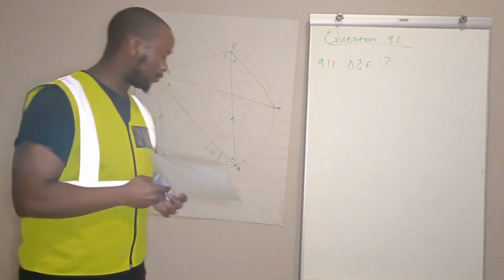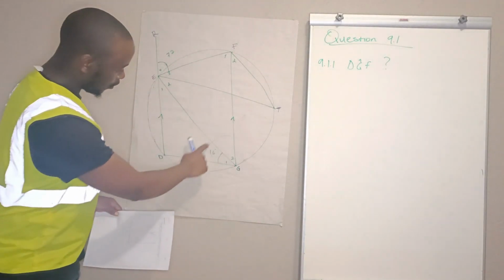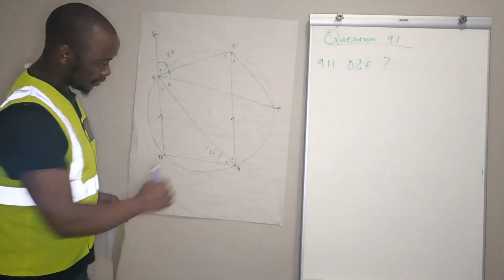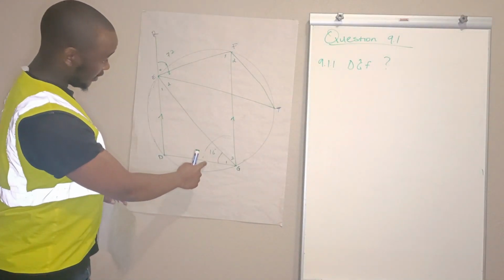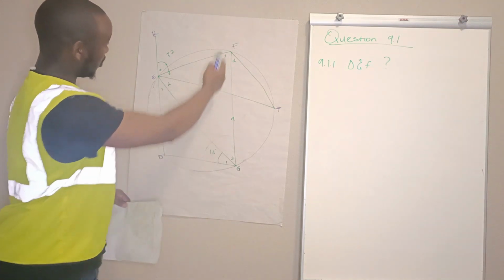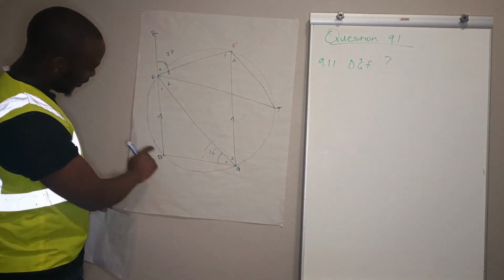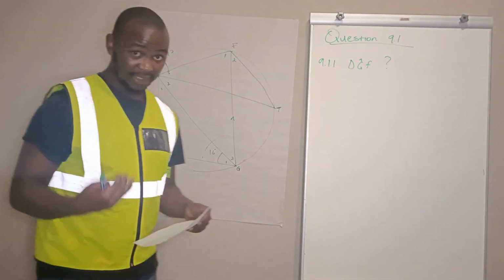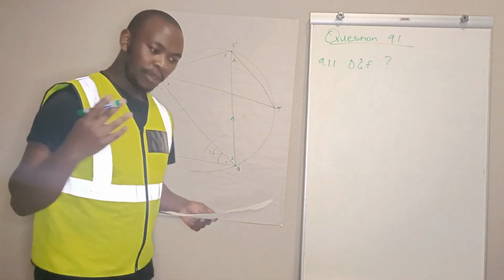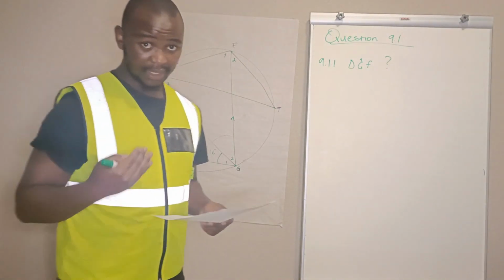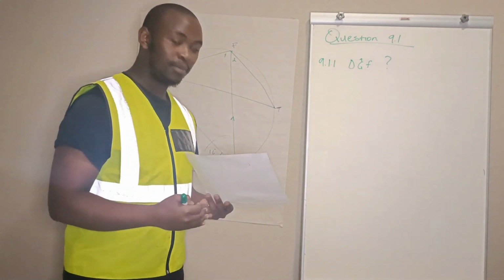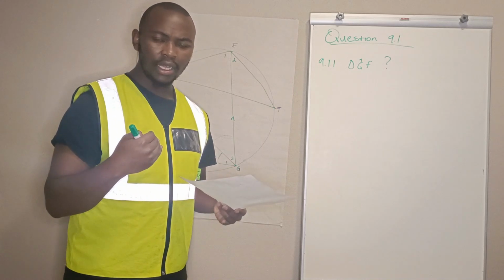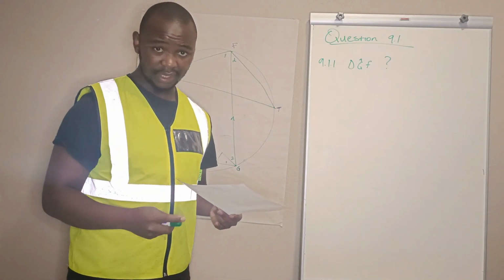Like I mentioned to you, this angle DGF forms part of the cycle quad. So it is this angle, and it is also part of other angles, which is your F1, this entire angle DEF, and also angle EDG. So all those angles are forming part of the cycle quad. What are the theorems around the cycle quad? There's many of them. One being that opposite angles on the cyclic quad sum up to 180 degrees.